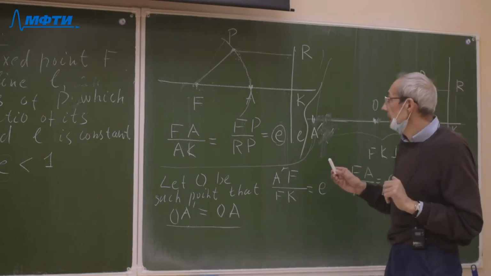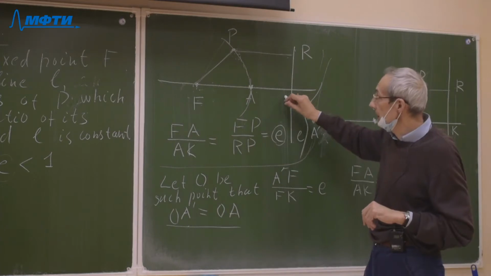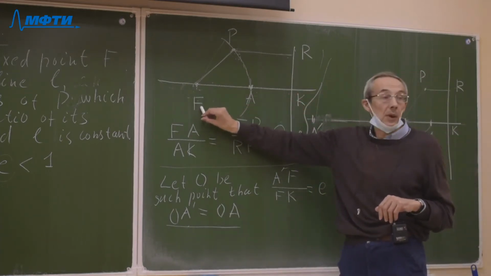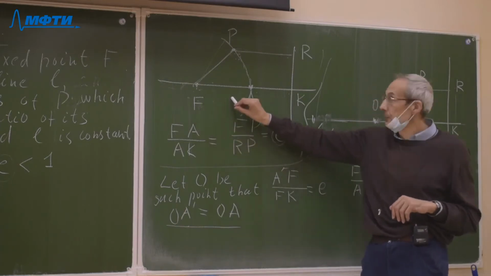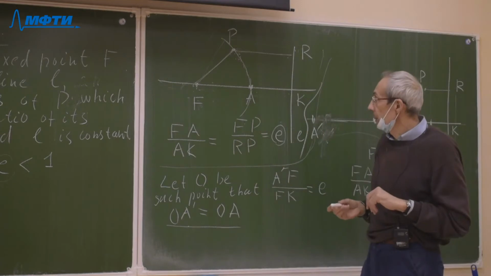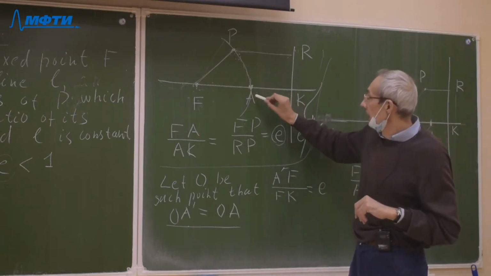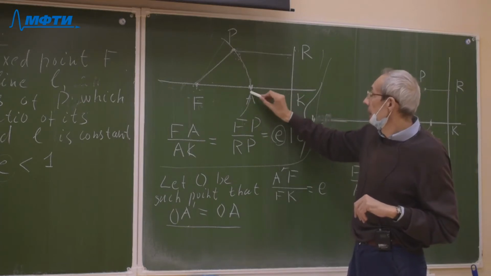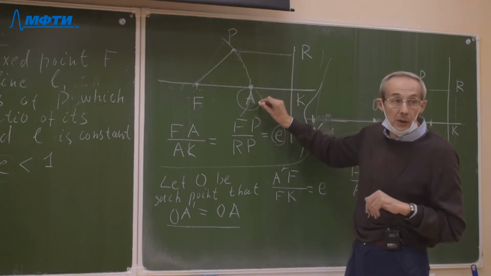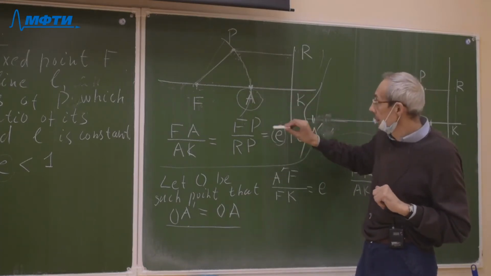Namely, let's consider the perpendicular which passes through the fixed point F and is perpendicular to our straight line. On this perpendicular lies point A, which belongs to our locus, our curve.